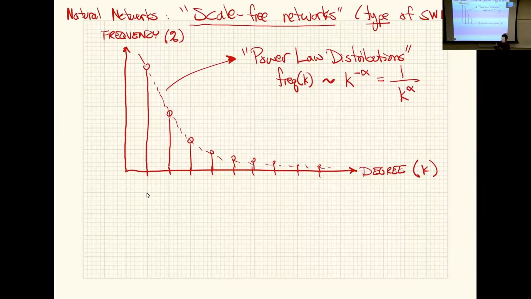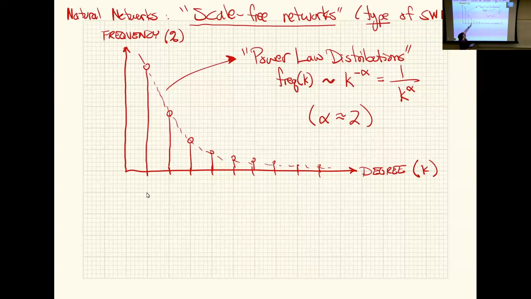Very often you see alpha equal to 2. In general, this dashed line traces out 1 over k to some power, and this is approximately equal to.